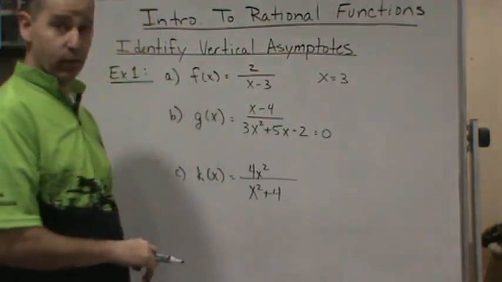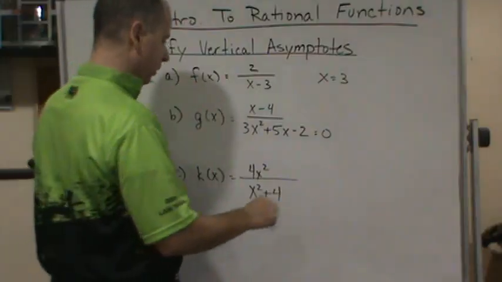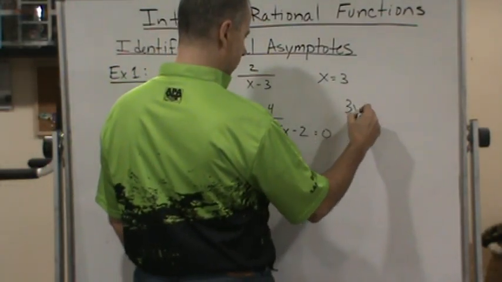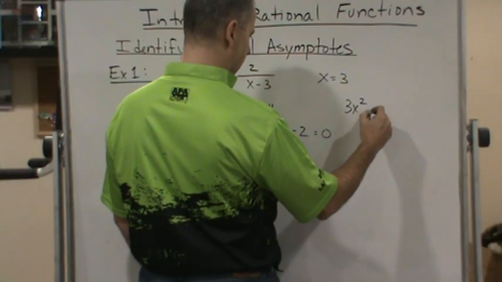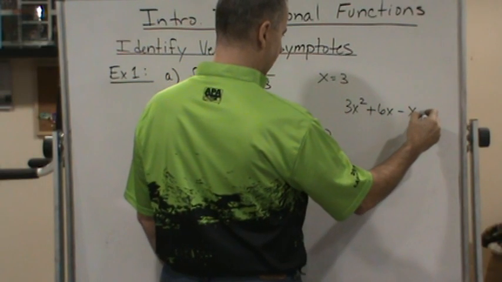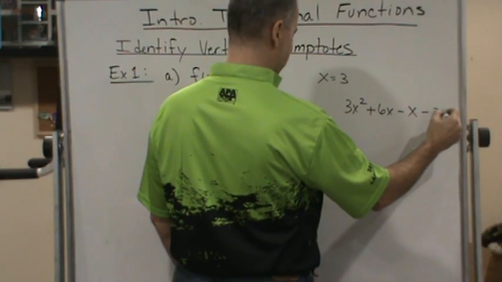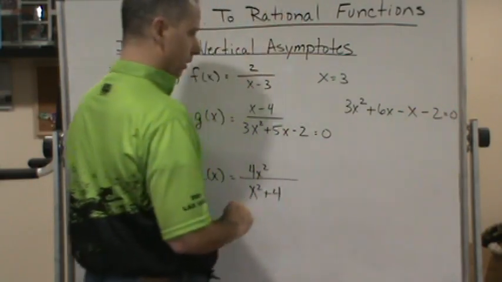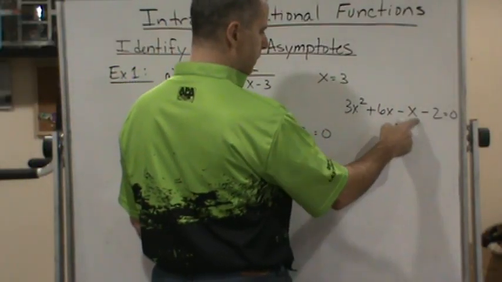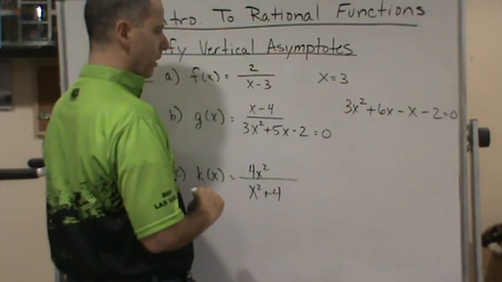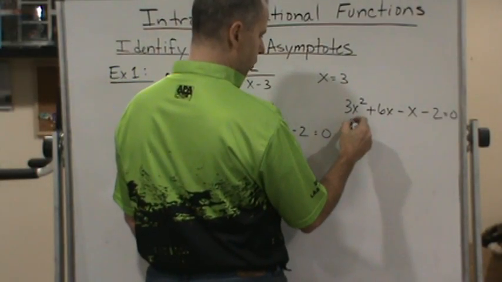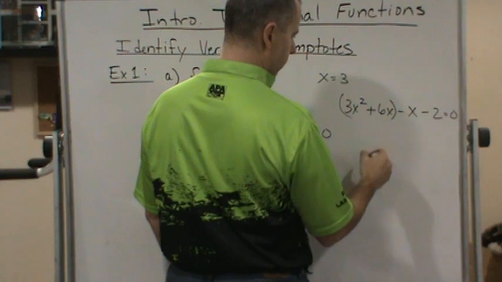We're going to rewrite this as 3x squared plus 6x minus x minus 2 is equal to 0. Now we can factor by grouping now that we've decomposed the middle term.